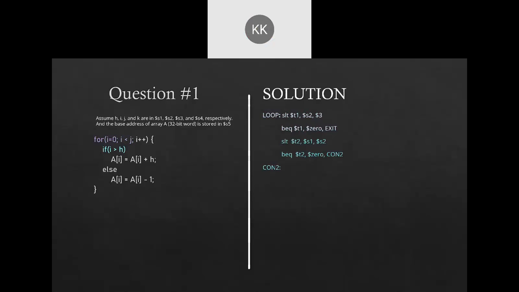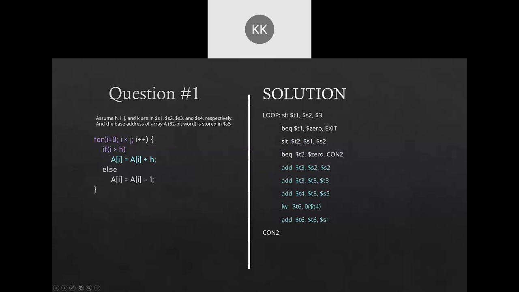Secondly, we set up the inside of the if by using the same method as the for, and we set up condition 2 for the else, if the condition isn't met.